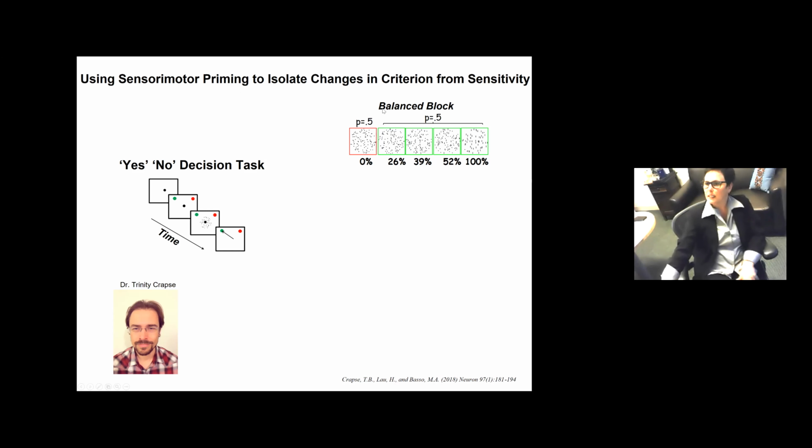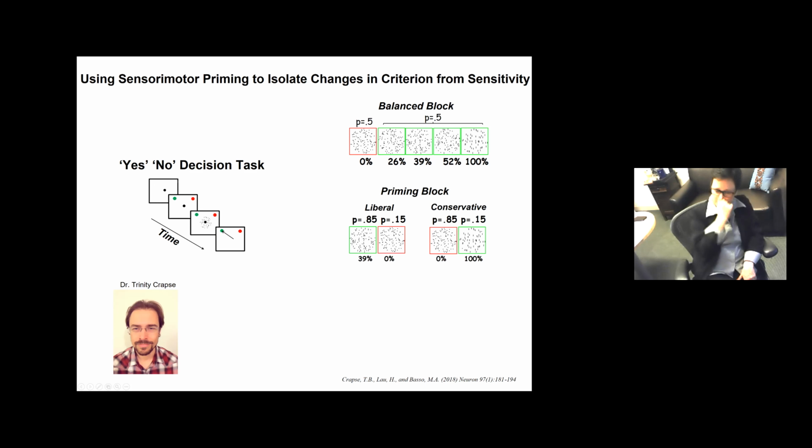Then he presented a balanced block of trials, in which 50% of the trials had no coherence, so the monkey's answers were always no here. And the other 50% were yes trials, in that they had some amount of coherence. This one very easy, this one rather difficult, but still the answer is yes, okay?